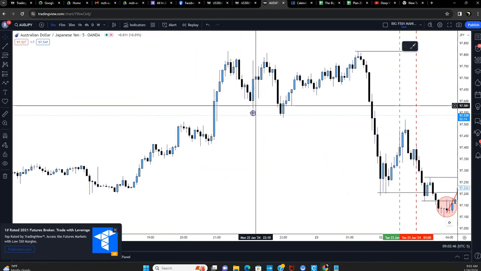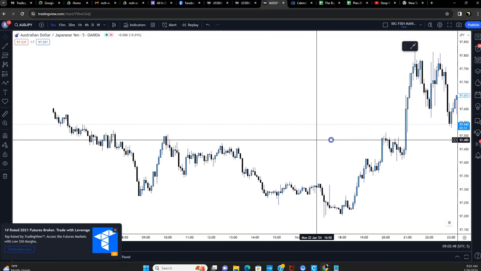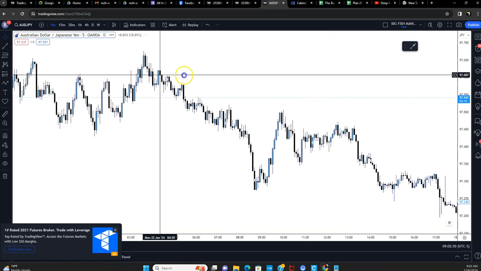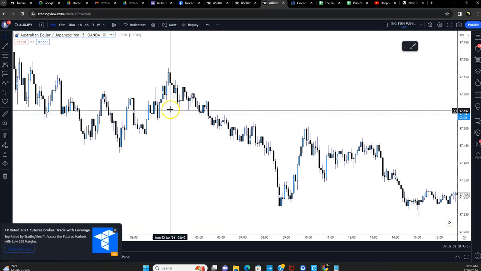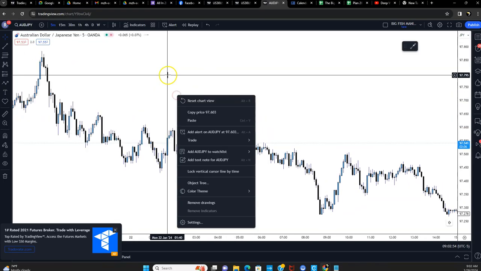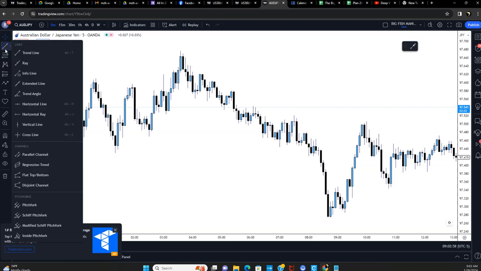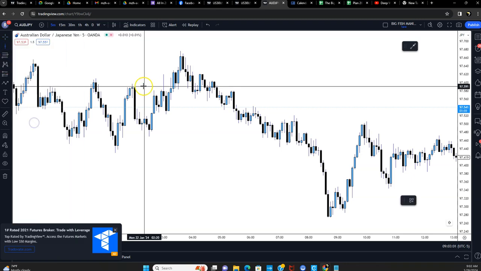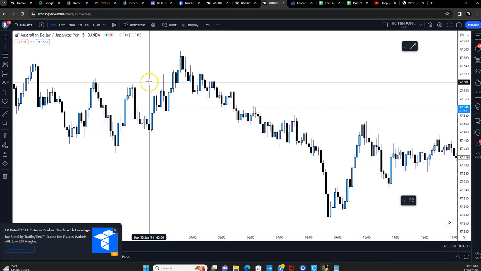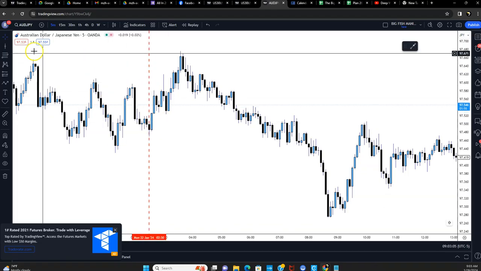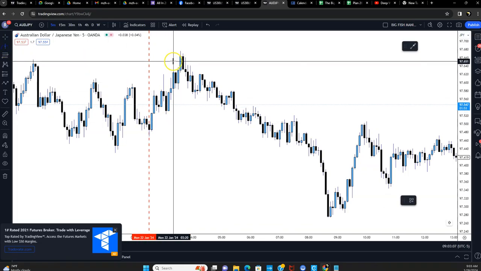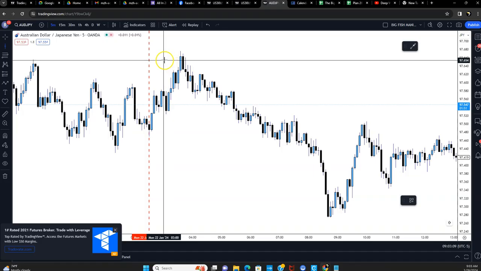Let's see if we can find more examples. One more example before I continue with the course. Right here, right? So take a look at this. And this is another London hot zone example, right? Let's say you start analyzing here, you start trading here.